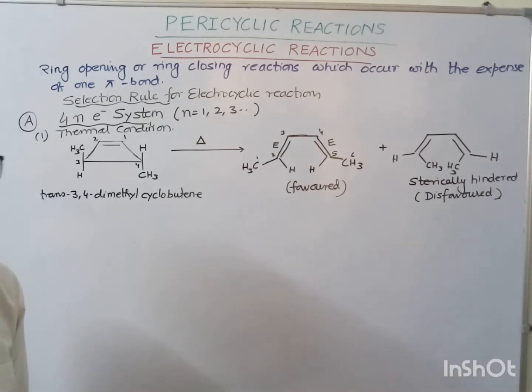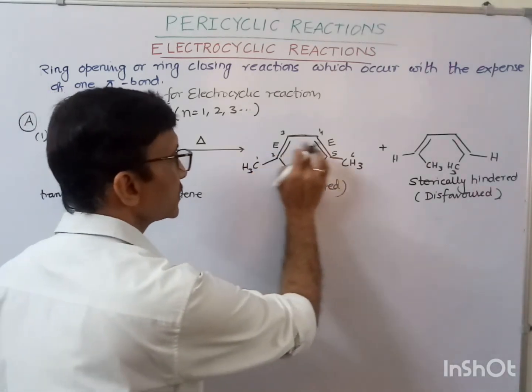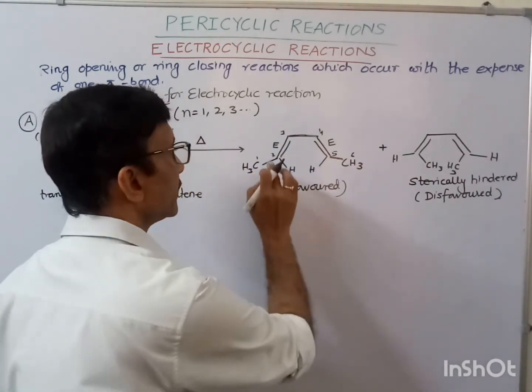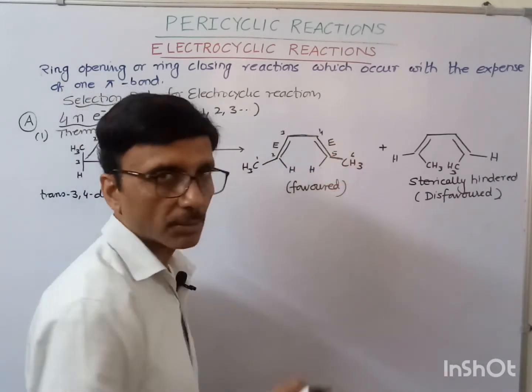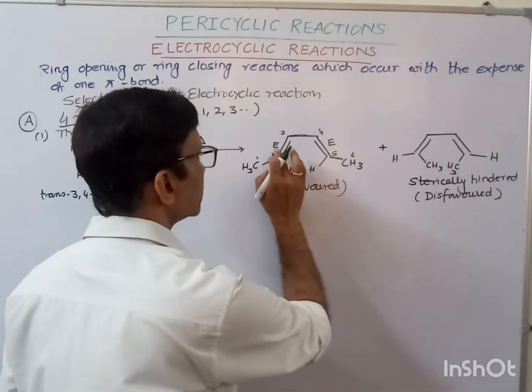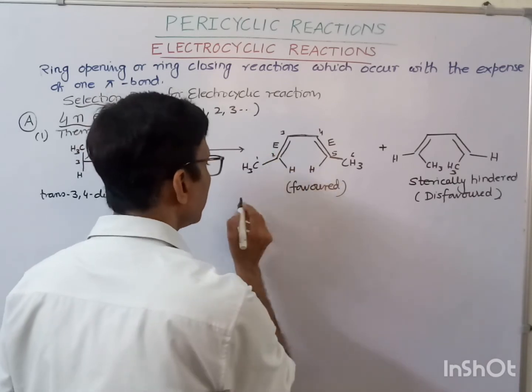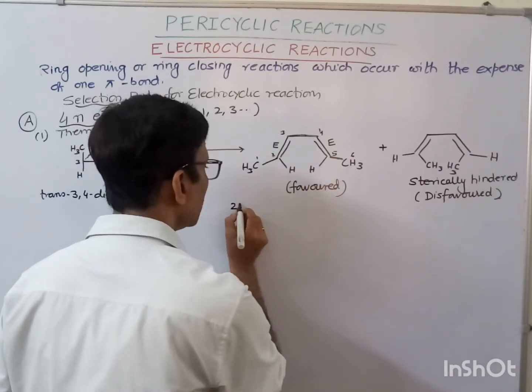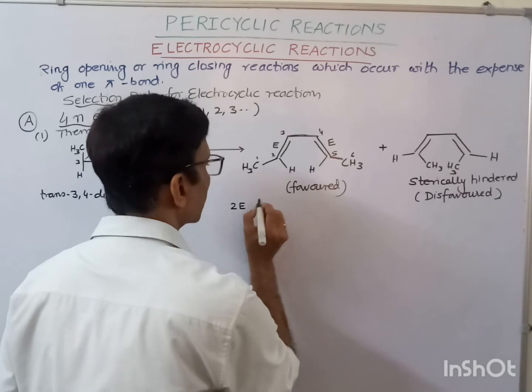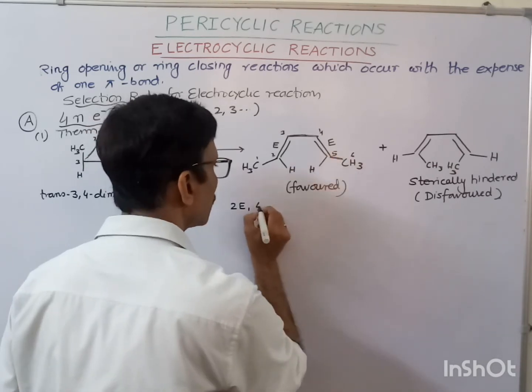So what name can we give? This is a 6 carbon chain, and at second and fourth position a double bond is present, so we may write 2E, 4E.